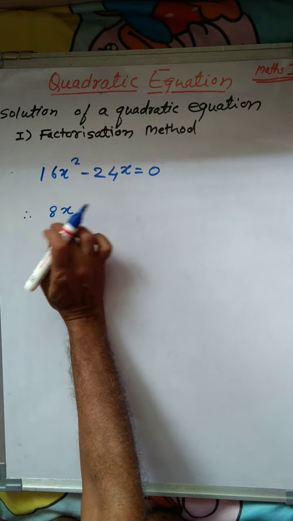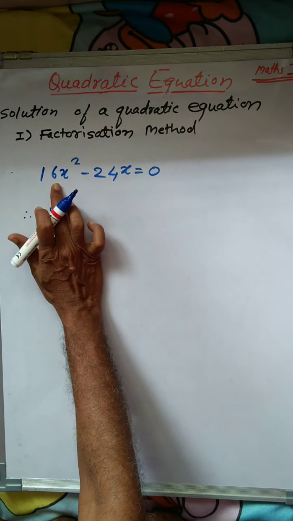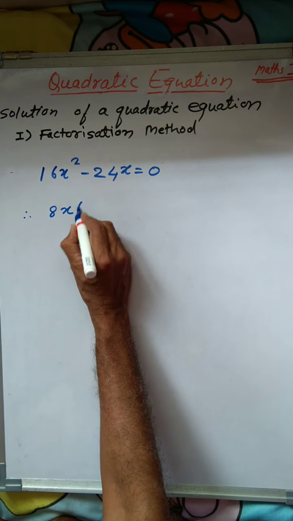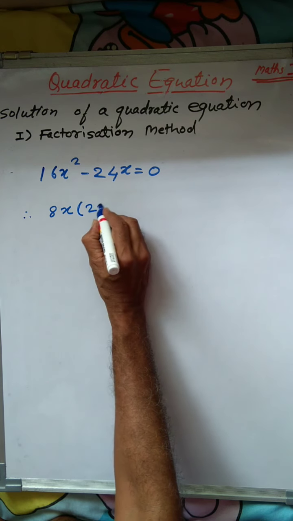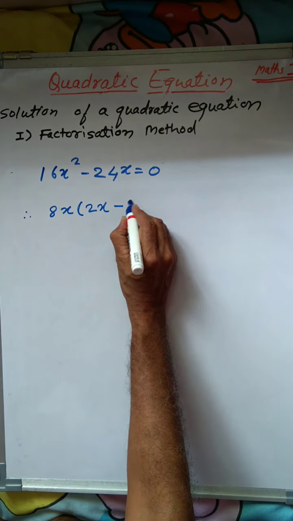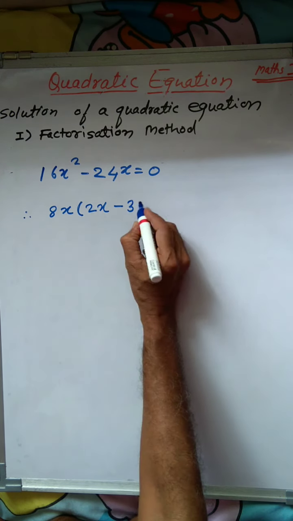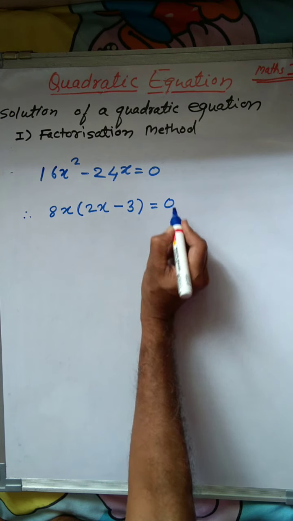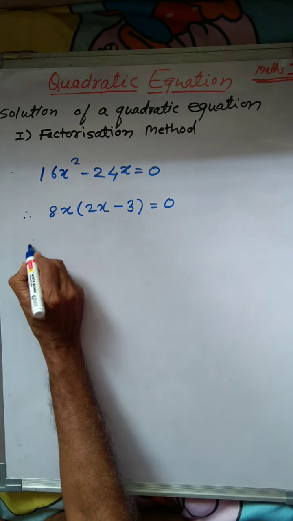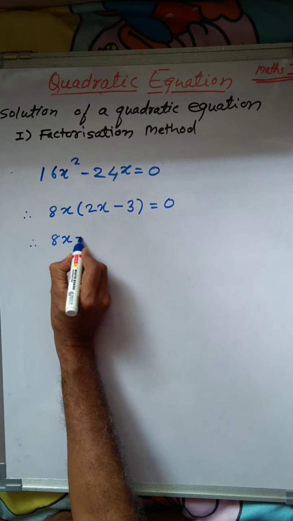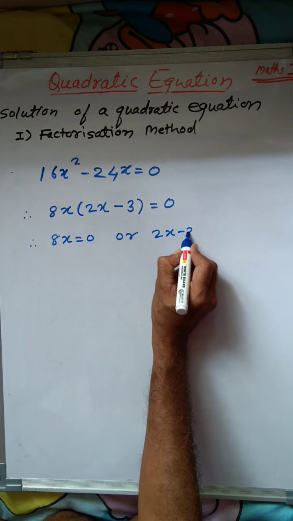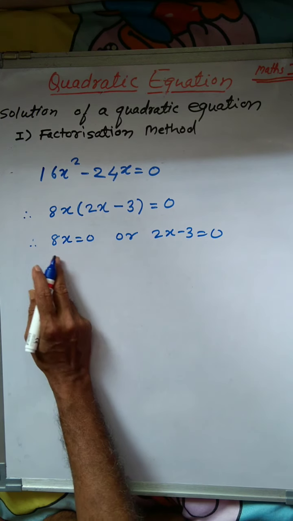That means 8 into 2 is 16. We take 8x common, 2 is remaining. Minus, 8 threes are 24, 3 is remaining. Now the product of these two terms is 0, therefore 8x is equal to 0 or 2x minus 3 is equal to 0.